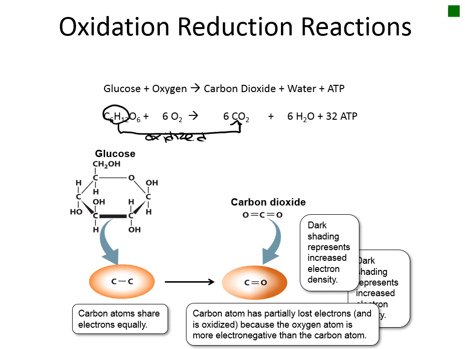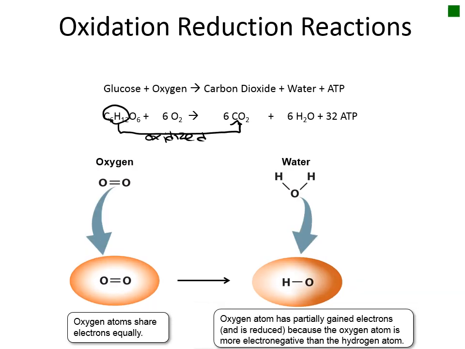The electrons removed from glucose are eventually transferred to oxygen, causing oxygen to be reduced to water. Again, notice the presence of hydrogen in water and its absence in oxygen.